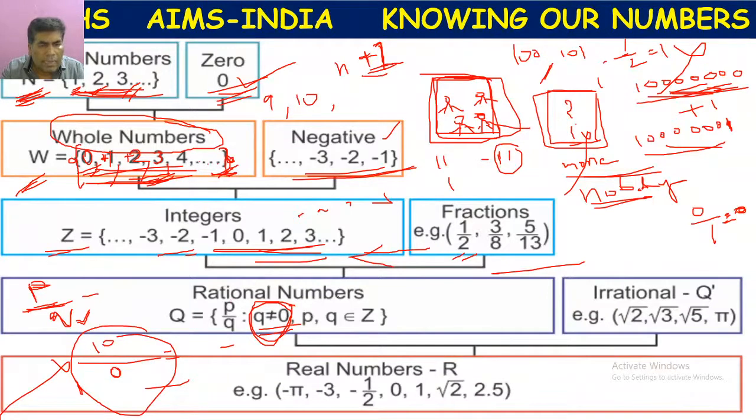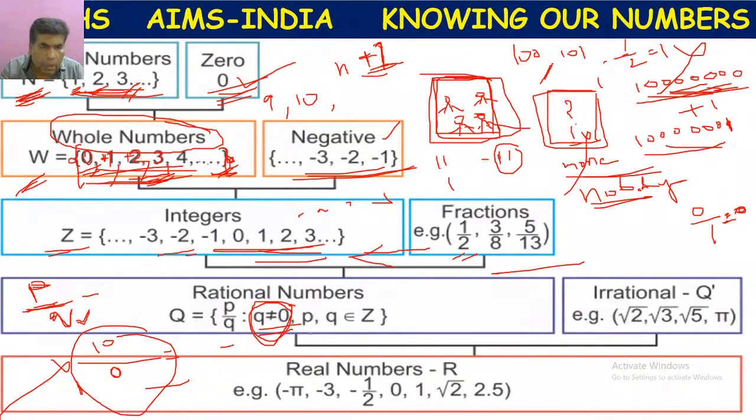So rational numbers will be in the form of P by Q, but with one condition: Q should not be equal to 0, meaning the denominator should not be 0.